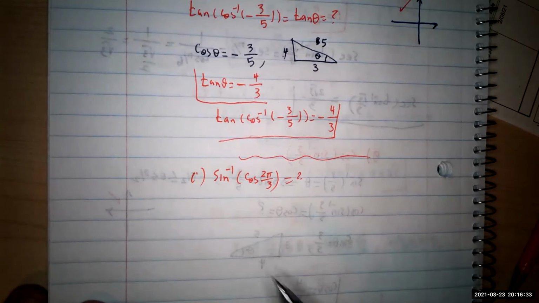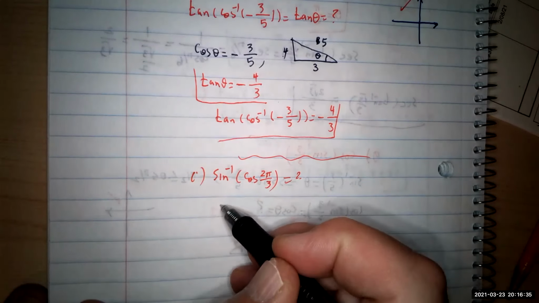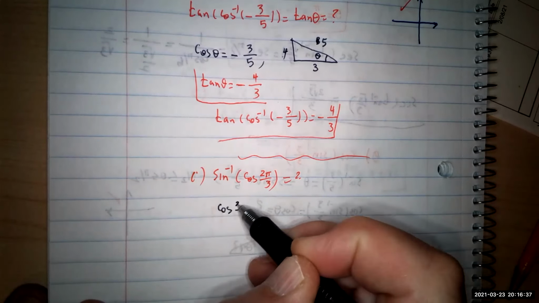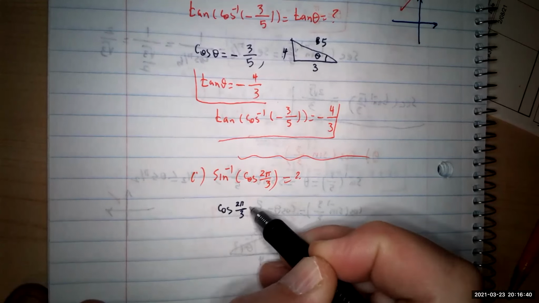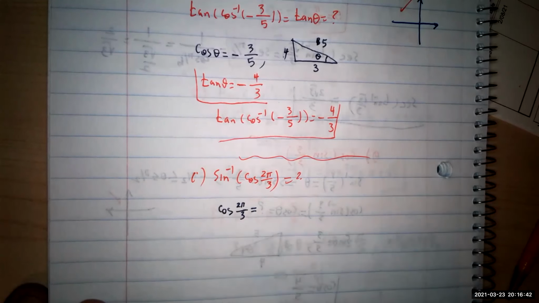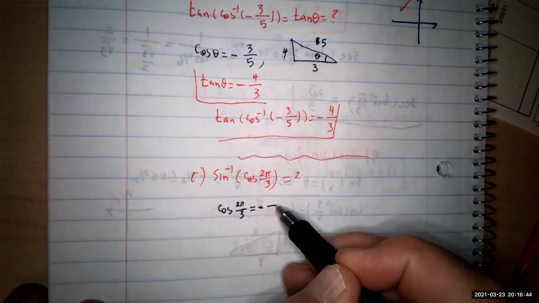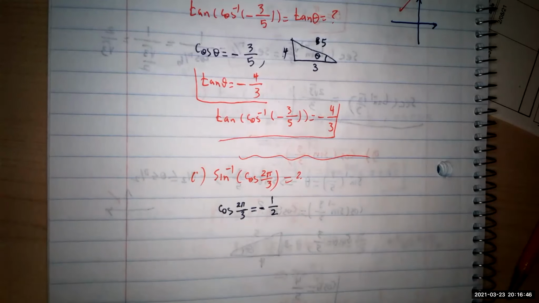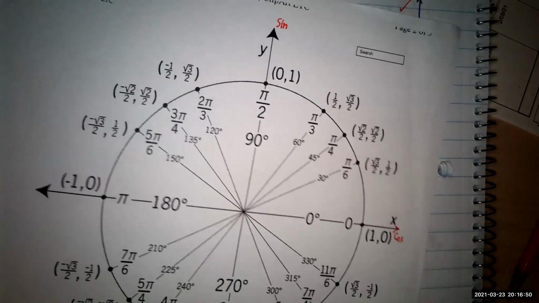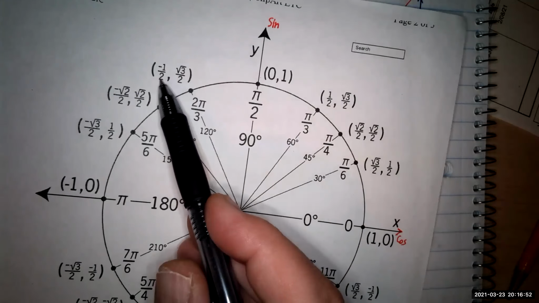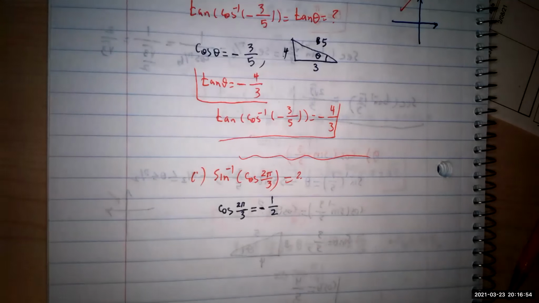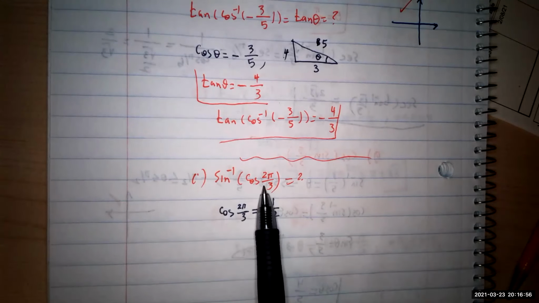We go to the table and we find it. The cosine of 2 pi third, 120 on the table, the cosine is negative, so it's going to be negative half. You have your unit circle, and you get it right away. So the cosine of 2 pi third is negative 1/2. So you go back and you put it here.